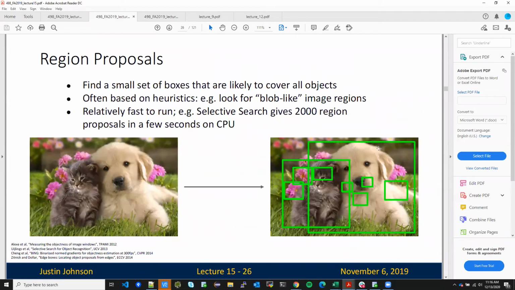This is a term you will find across implementations and papers. When this idea first came, they used a traditional, non-deep-learning image processing method, which would give, say, in the range of 2000 region proposals.